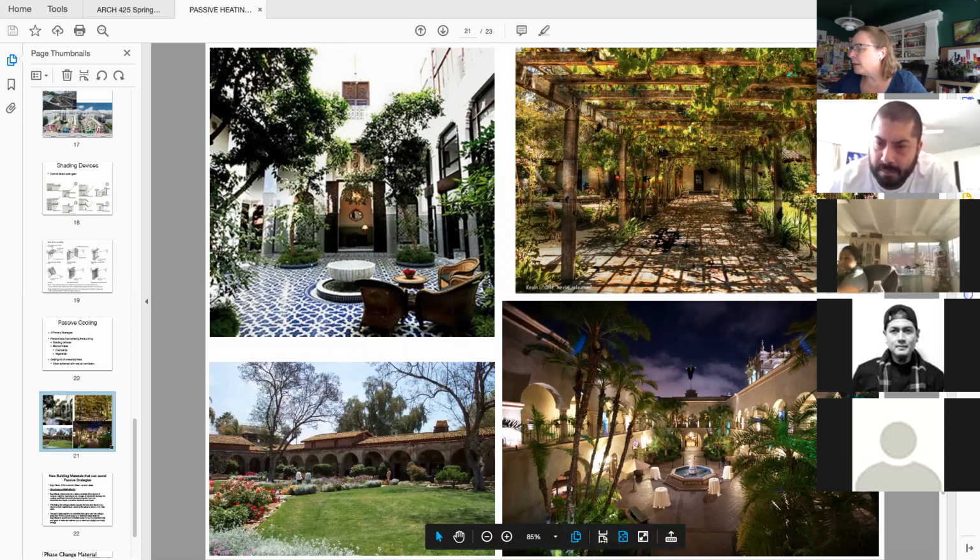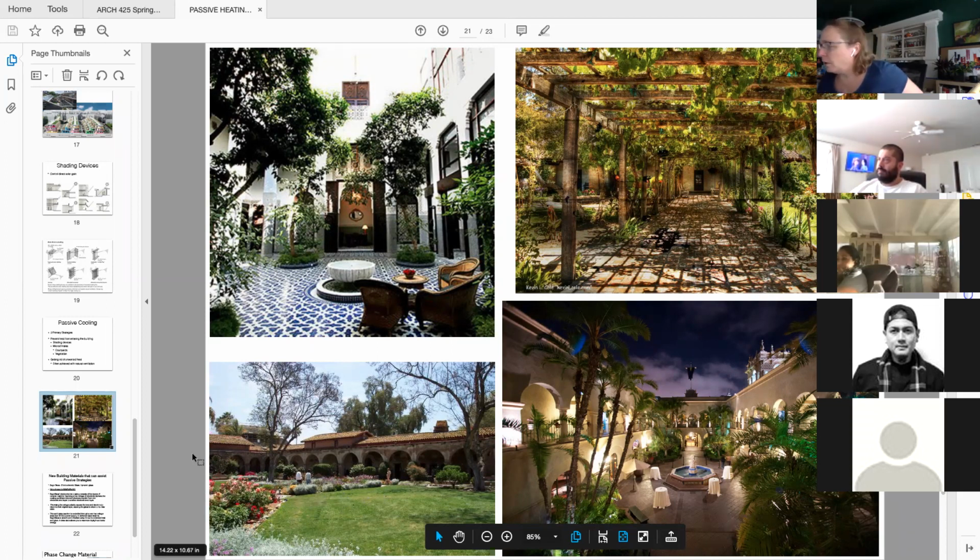But that's one thing in the missions in California that the monks quickly adapted were these courtyards with the shaded walks all the way around with the vegetation in the middle to help create a cooler location within their compounds and their walls that would help them stay more comfortable, especially before air conditioning was invented.